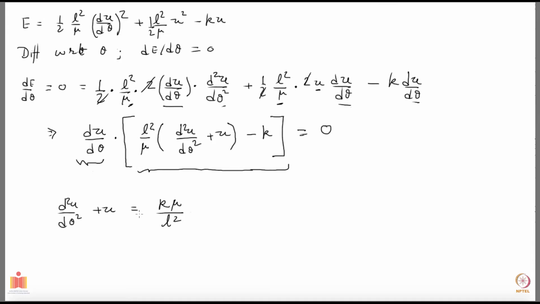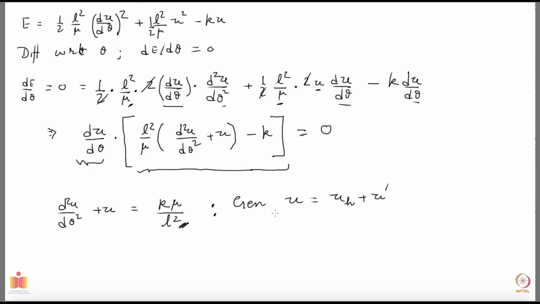Okay, it's there. Now if the right hand side was absent, k mu over L squared, this inhomogeneous part was absent, then the homogeneous equation is very familiar to you. That's just the equation of an oscillator, a simple harmonic motion. So the general solution will be u is equal to u of the homogeneous part plus the particular solution because of the inhomogeneous part on the right hand side.